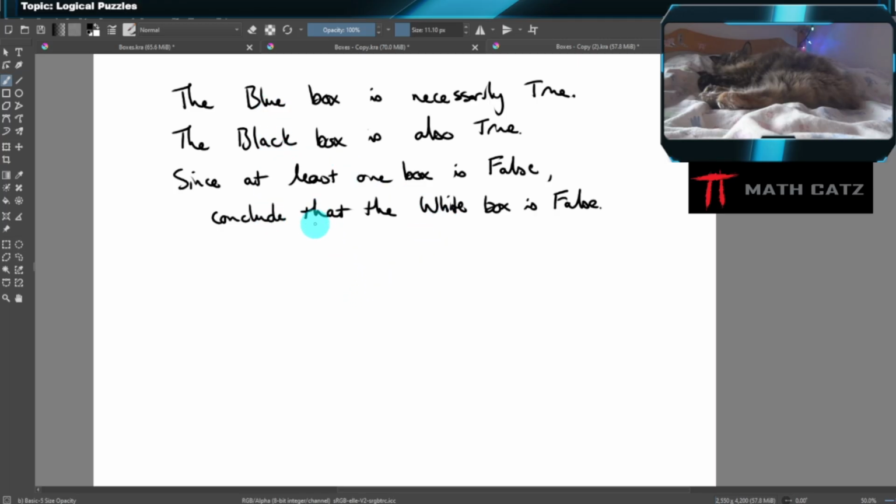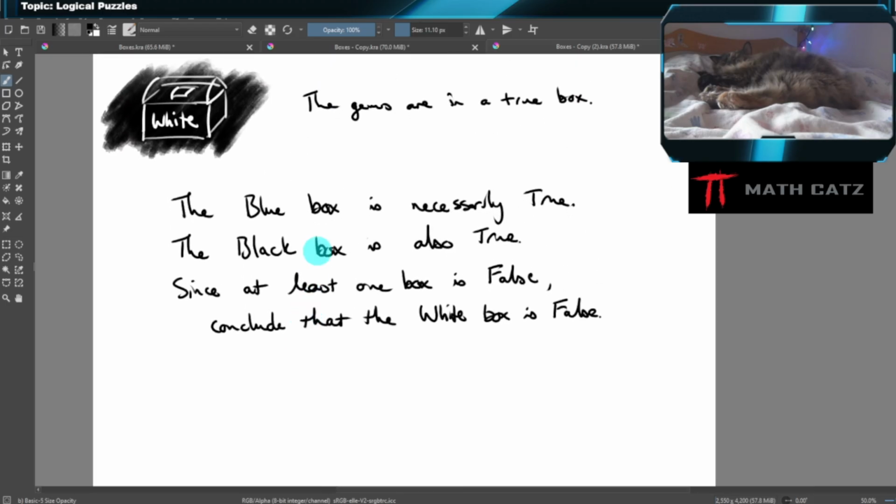And now we can look at what white is saying because we now know a little bit more about the white box. It says the gems are in a true box. That is false. Let's just slow down and think about it carefully. So this statement is not true, so the opposite is true. When I say the gems are in a true box, that's false.